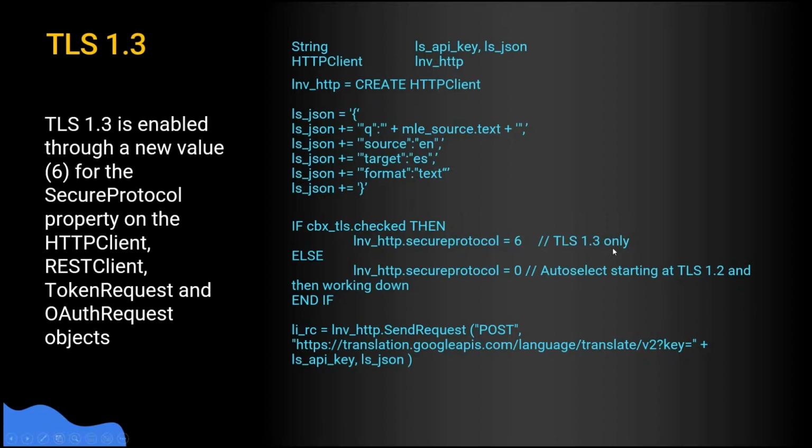It won't try to auto-select down from that point. So if you specify 6 and the client or the server doesn't support TLS 1.3, you'll just get an error message back. It won't try to negotiate downwards.